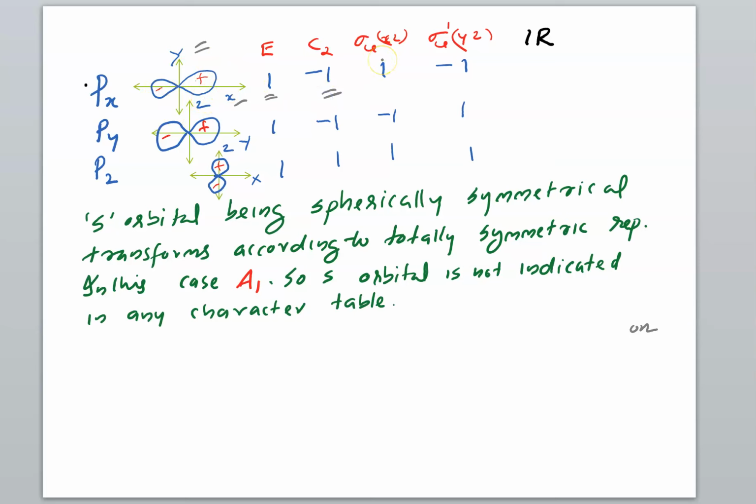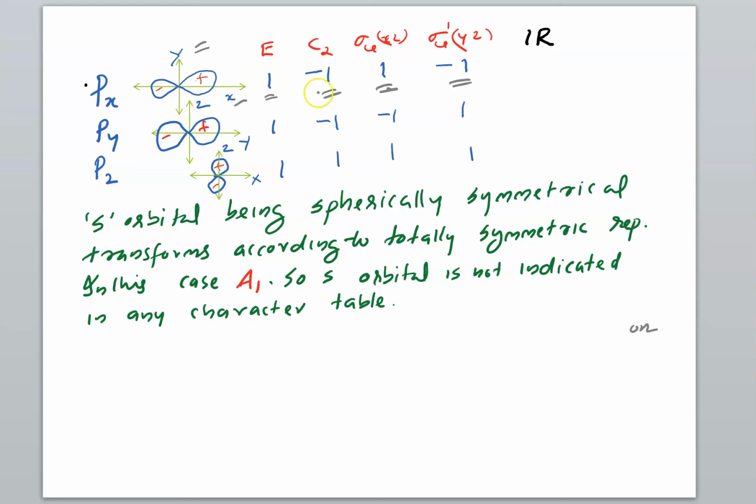Sigma v xz is the plane containing the orbital, there is no change, therefore it is 1. Sigma v dash yz is a perpendicular plane, therefore plus and minus interchange, therefore it is minus 1.